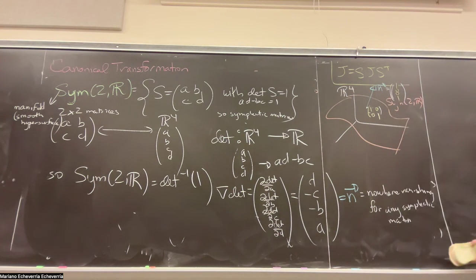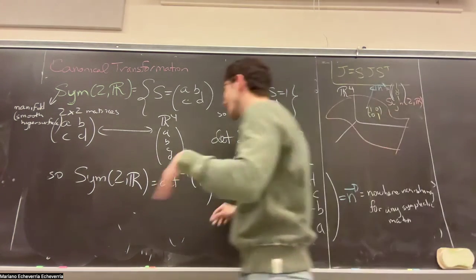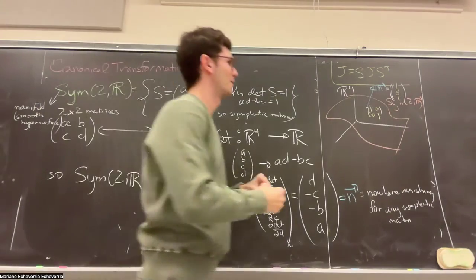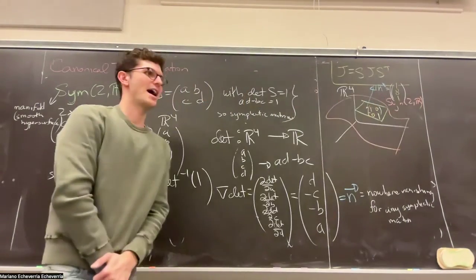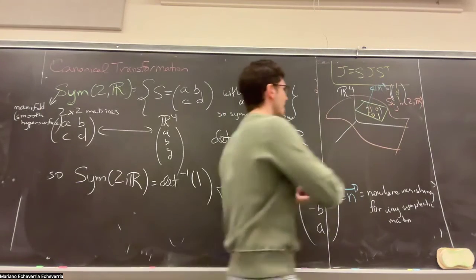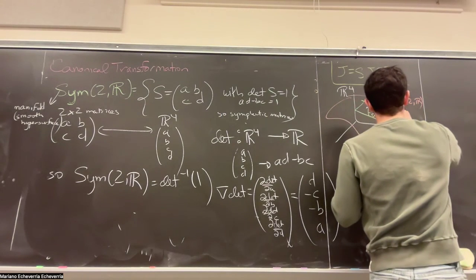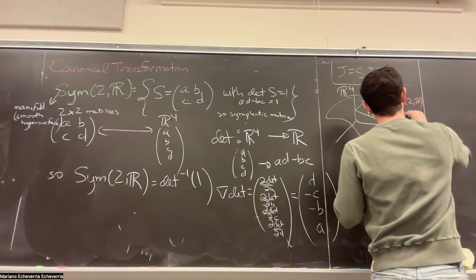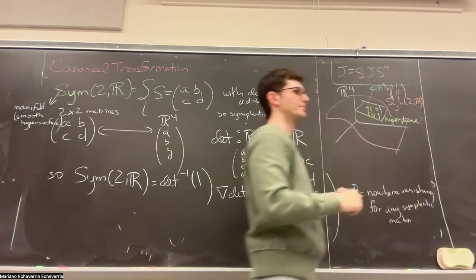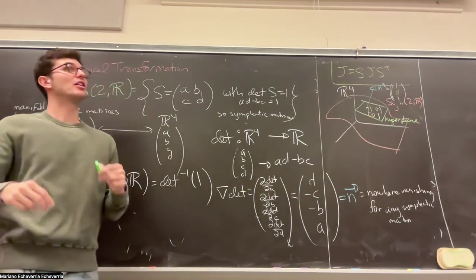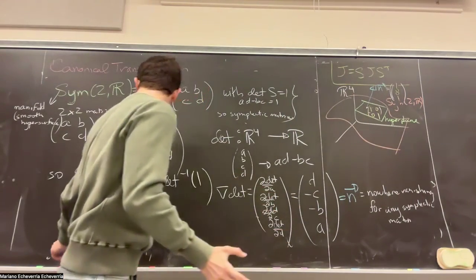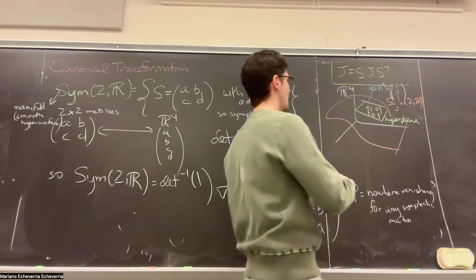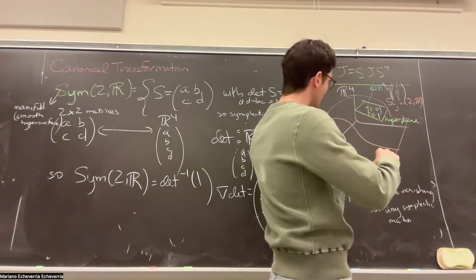Okay, but the important thing is that there is a tangent plane, or rather a tangent space. So there's a tangent hyperplane, right? And there's another way to think about this hyperplane.